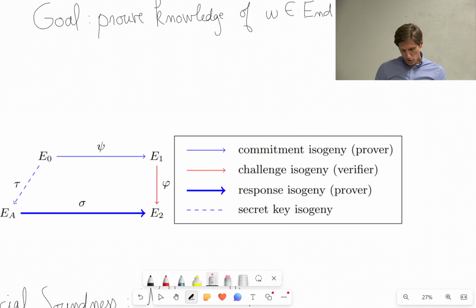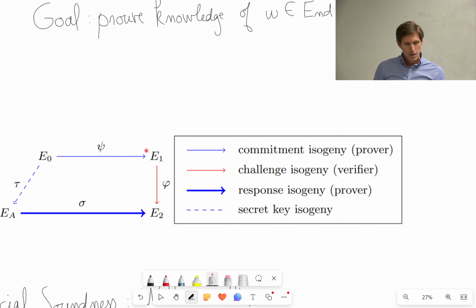And the way the protocol works is, you have E0 that is fixed. The prover has a secret isogeny tau and publishes EA. Then the prover commits to a curve. So the prover will draw an isogeny psi, and they commit to this curve E1.